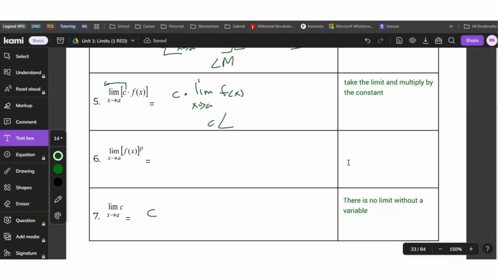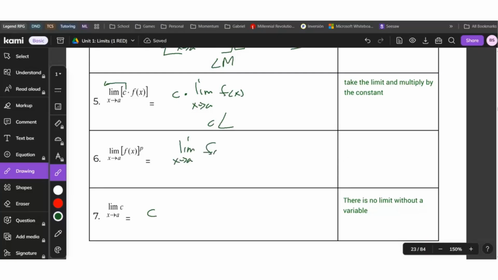All right, then the one that we missed, this would be the limit as x approaches a of f of x, I'm going to make it nice, big, and obvious, all to the power of p.